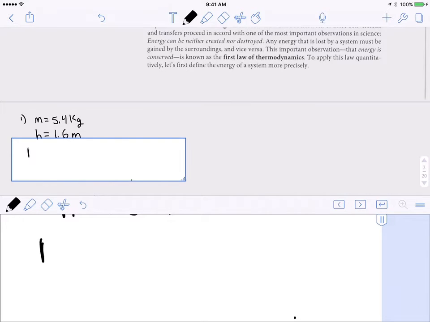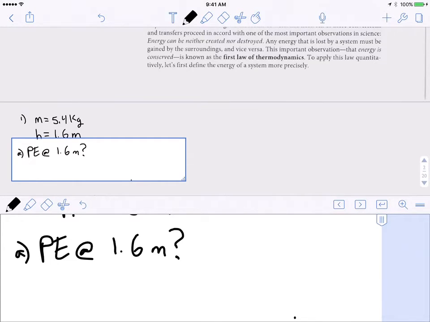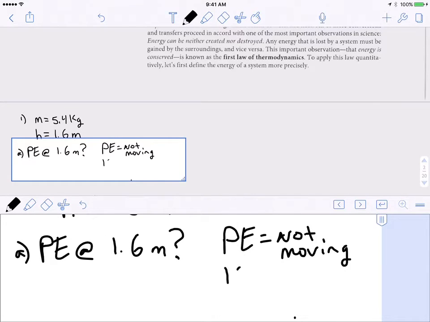When the potential energy is at 1.6 meters, the potential energy tells us that it's not moving. If it's moving, it's kinetic energy. So as we rise it up and hold it there above the ground 1.6 meters, it's not moving yet, telling us it's potential energy. Well, what is energy?